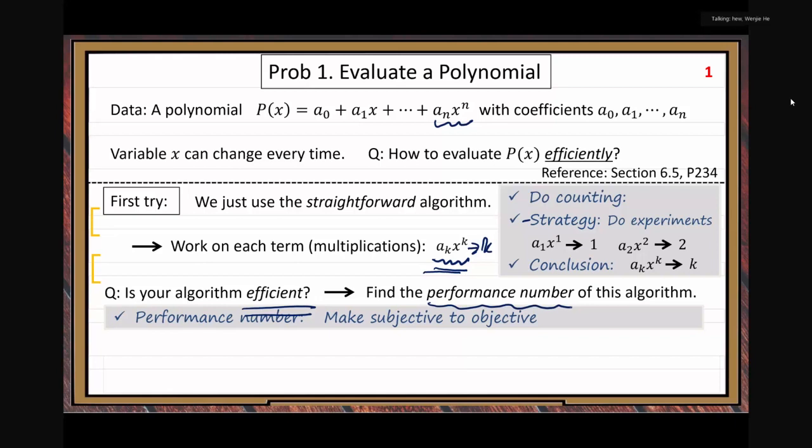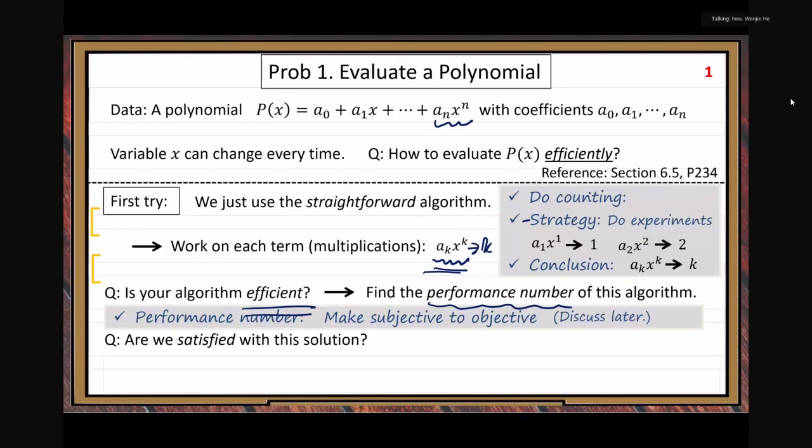If you use numbers, that's objective. We will discuss that objective measure later. Here I just introduce this efficiency consideration problem.